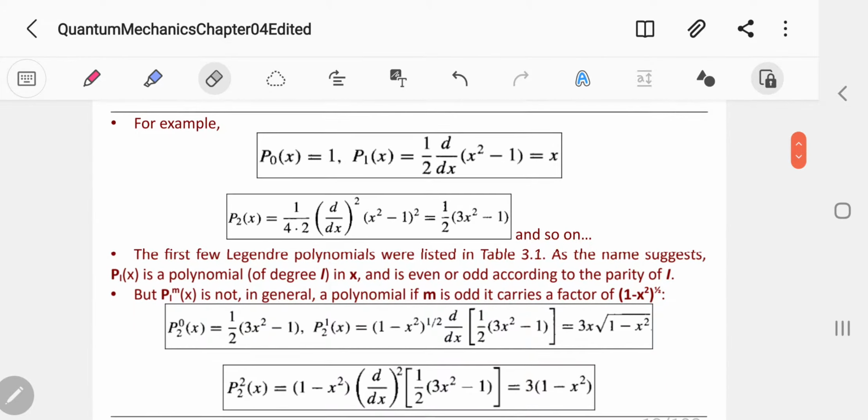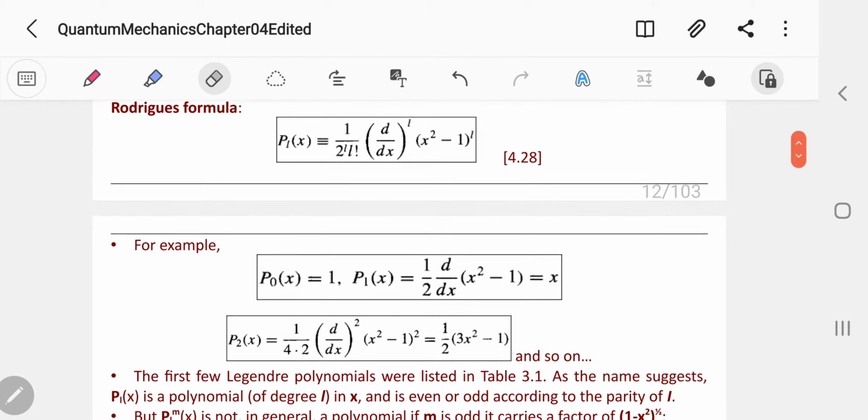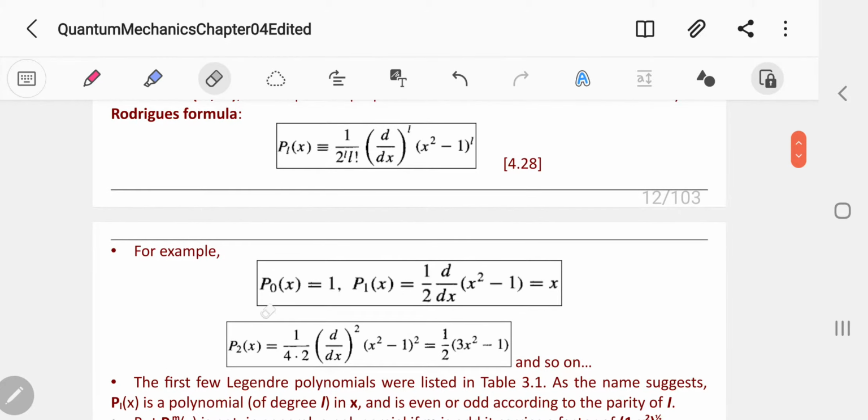If you want to check this formula with an example, you can just replace L with 0, and then you will get P0 of x is equal to 1, P1 of x is equal to x, P2 of x is equal to 1/2 times the quantity 3x squared minus 1.